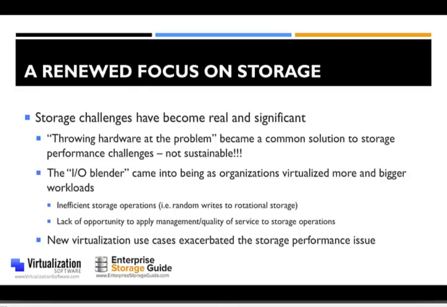And then now these servers are doing so many different things, but yet in most cases they still just have one or two paths to the storage. So all that different I/O and those different I/O types and use cases, they're all being blended up together. So your printing traffic is blended up with your most critical tier 1 application, all going to the same storage down the same path. And that makes the storage path inefficient.